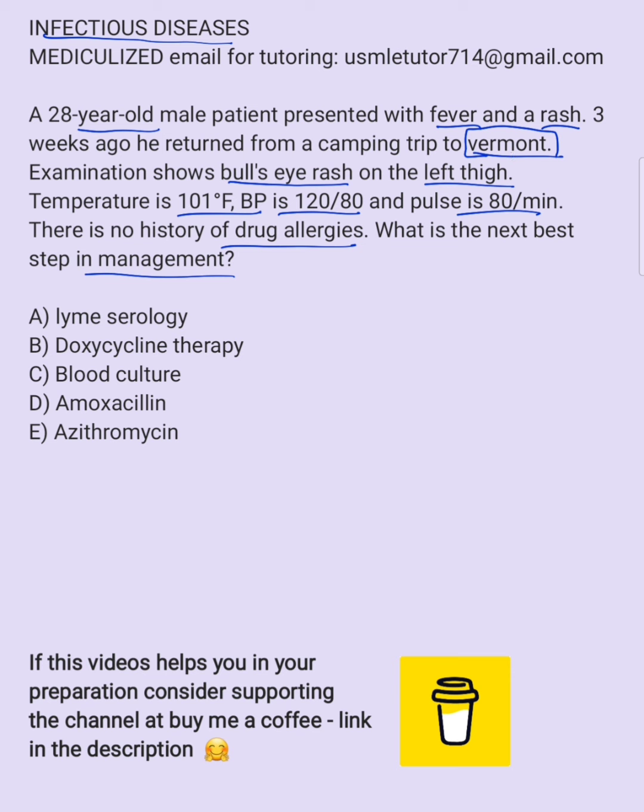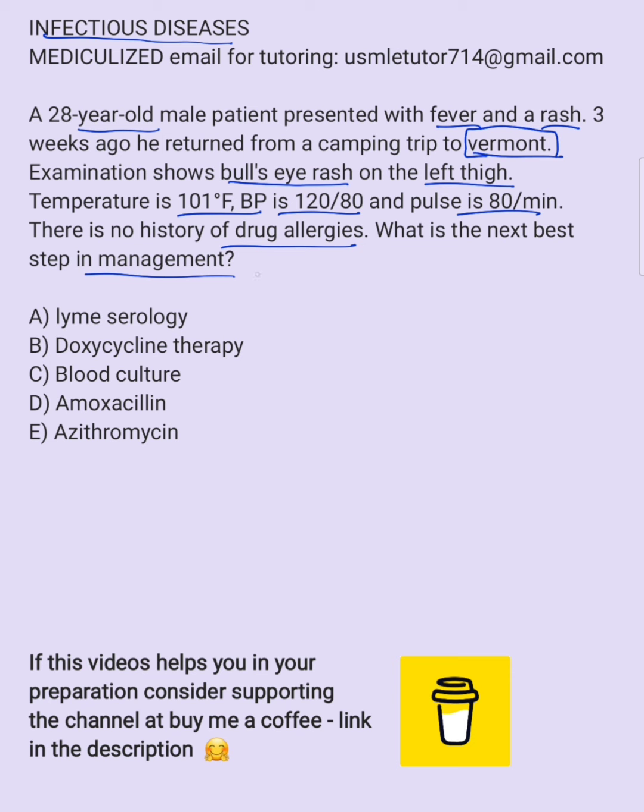You can see the map on Google where Lyme disease is found, because in the vignette they will usually give you those states where Lyme disease is endemic. So here it is Vermont. Also, they gave you the classic bullseye rash. Whenever you see a bullseye rash, and there's fever, rash, also arthralgias, and the patient came from a Lyme endemic region recently, that is definitely Lyme disease.